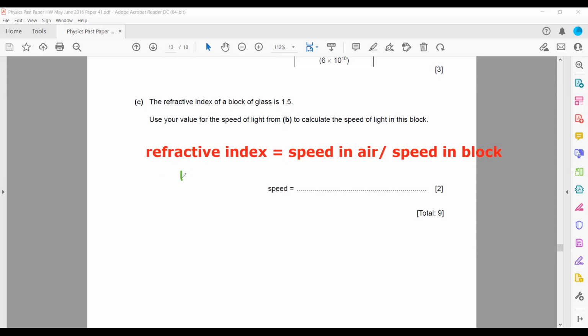The refractive index in the question is given as 1.5. We don't know the speed in the block. So we cross multiply, v will be in the numerator and 1.5 in the denominator. So 3 into 10 power 8 meters per second divided by 1.5. So we'll get 2 into 10 power 8 meters per second. So this is the speed at which the light will travel in the block.